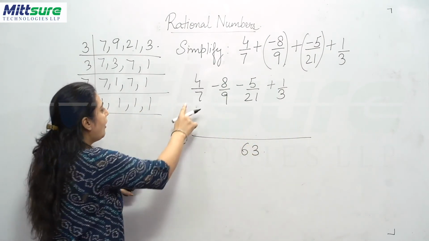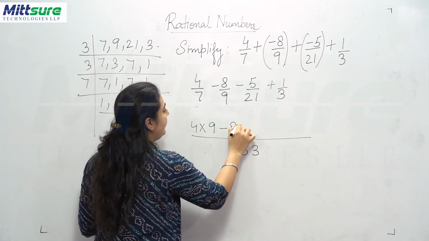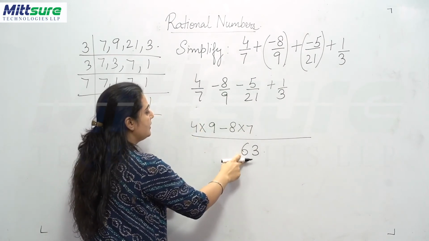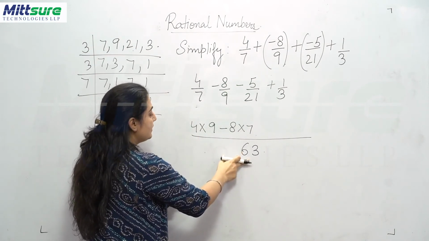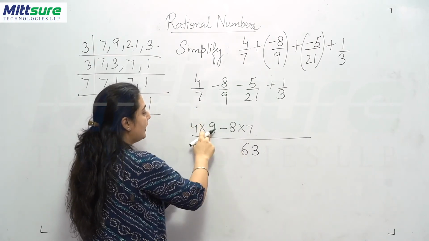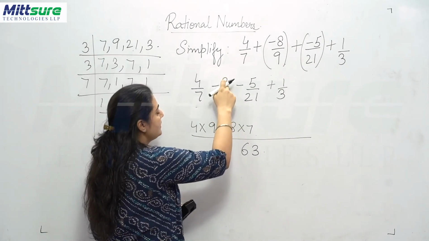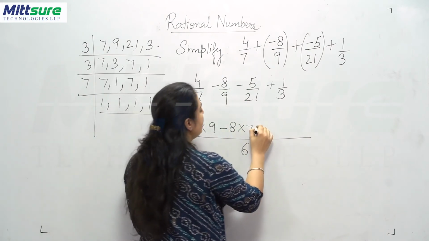Clear? Now 4 into 9 minus 8 into 7. Why has 9 come here? Because when you divide 63 by 7, you get 9. And in minus 8 upon 9, when you divide 63 by 9, it goes 7 times.